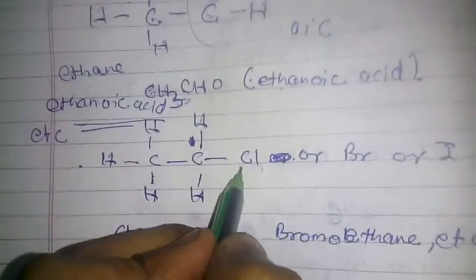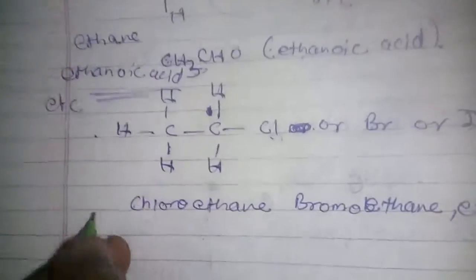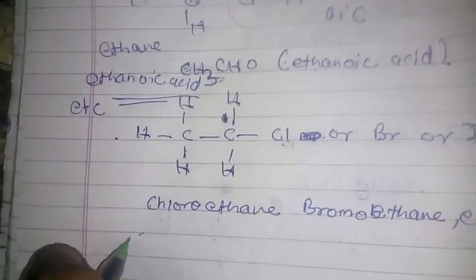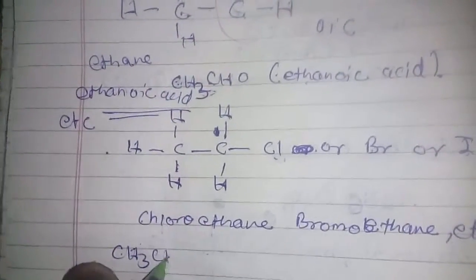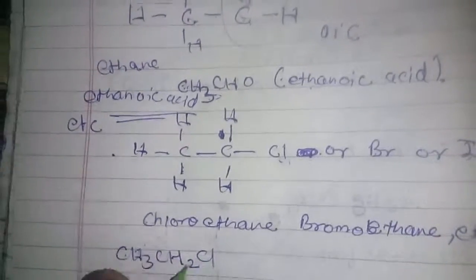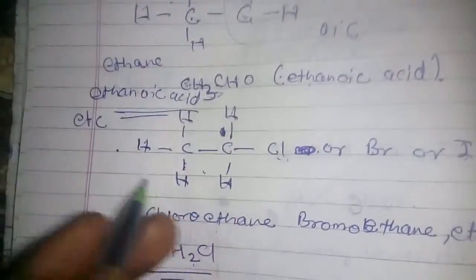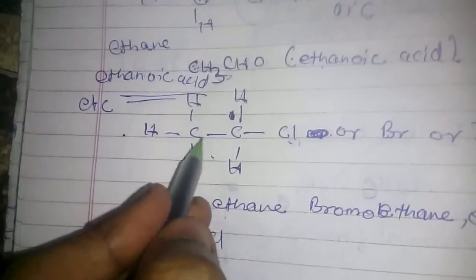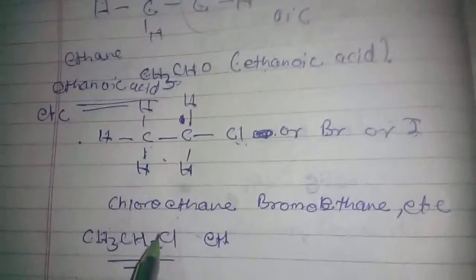When there is a presence of chlorine, bromine or iodine, let us take an example of that. CH3CH2Cl. This is the compound which has been taken. It will be given the name in the same way.